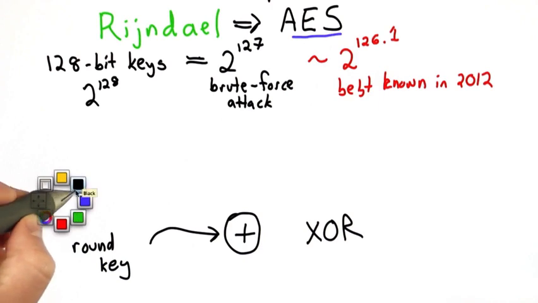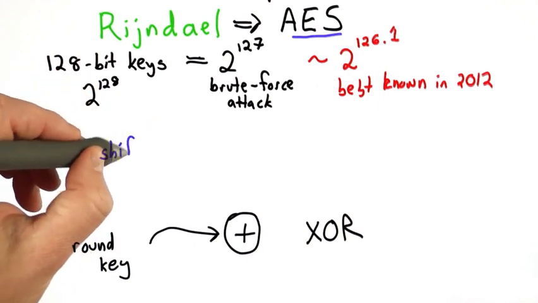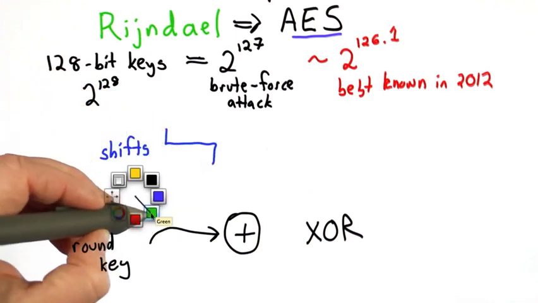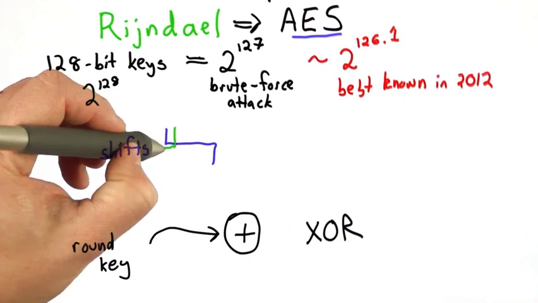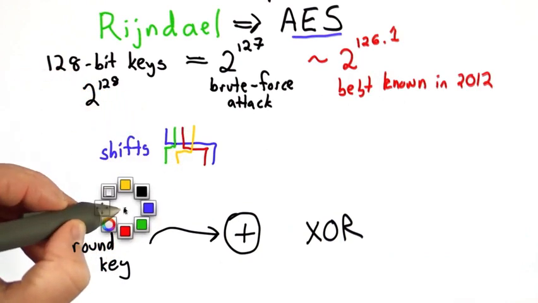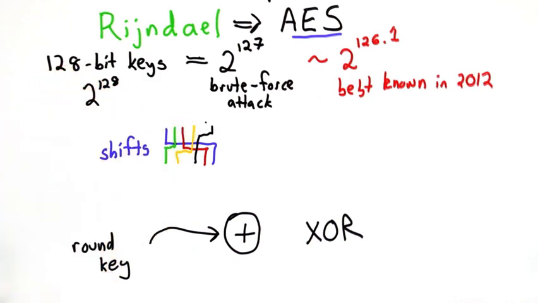And then there are two main operations. One is shifts, permuting bits, where a map moves bits around. This is better than doing only XORs because we're moving data around instead of just XORing and changing it.